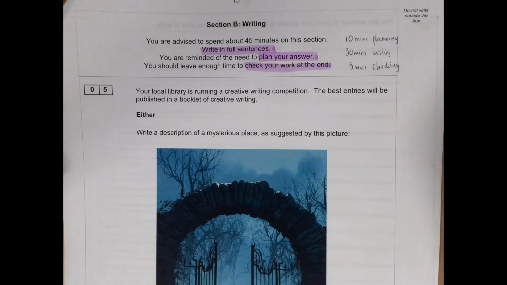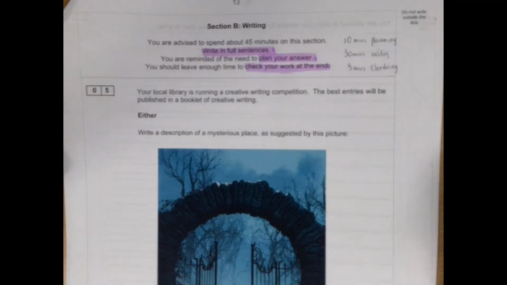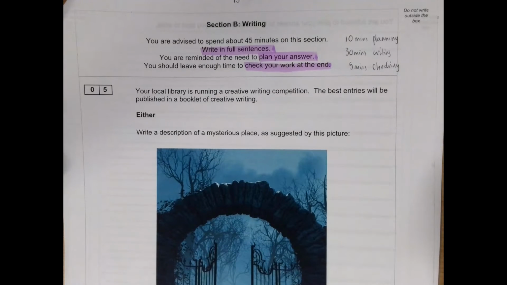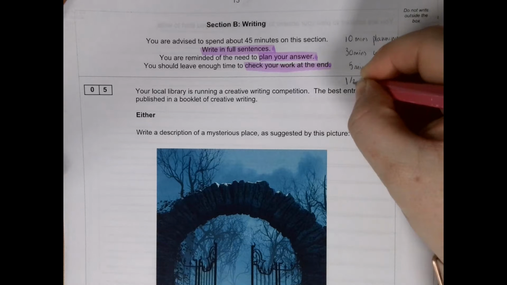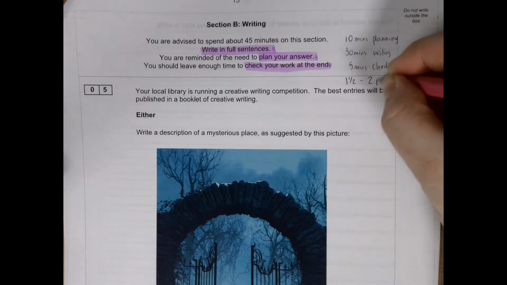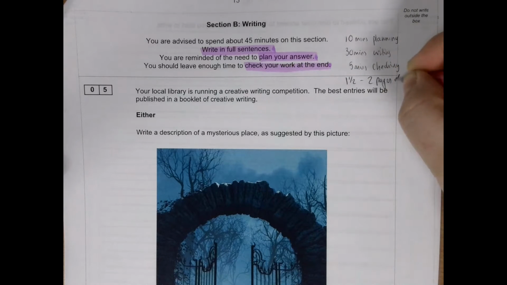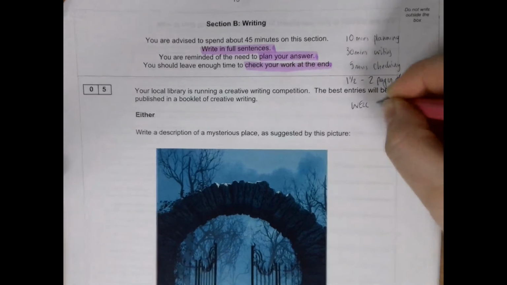Now, you are being assessed for the quality of your writing and not your quantity. Therefore, there's no requirement to produce 3, 4, 5, 8 pages of writing in that time. In fact, as examiners, we would be much better to read 1.5 to 2 pages of well-crafted writing.